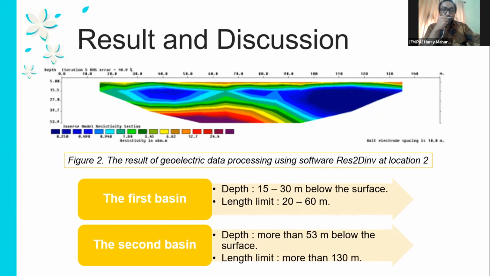Do you have a map or a description of what location the geoelectric measurement was conducted? I'm sorry, I just have this location from the literature study. They did not give me a location from Semarang.